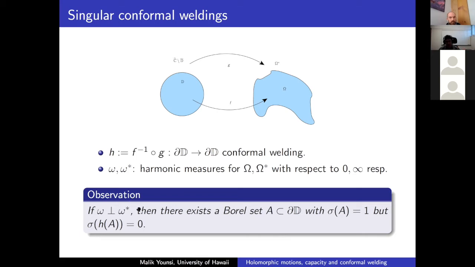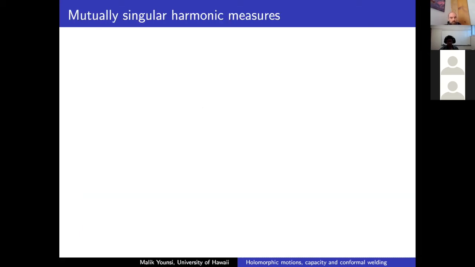So just keep in mind this observation that whenever the harmonic measures on both sides are singular, then you have a singular conformal welding homomorphism in this sense. Okay, so now the question is, how do we obtain such curves? Well, here's an example.